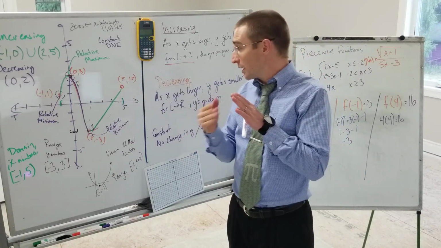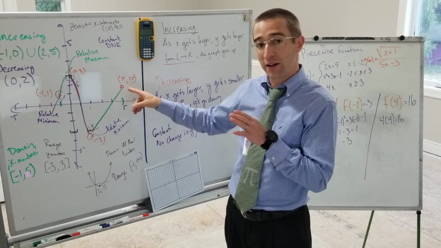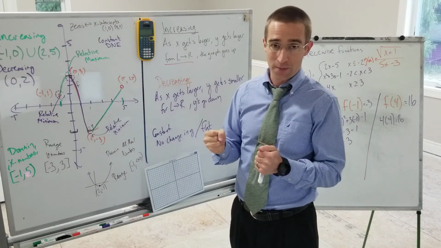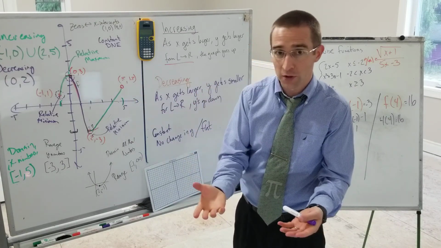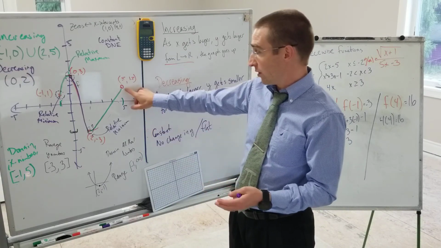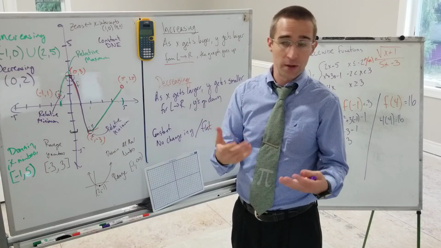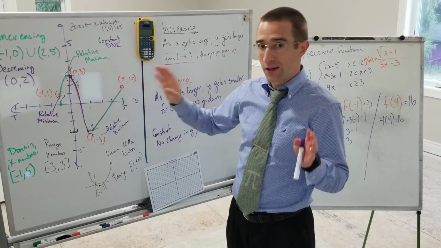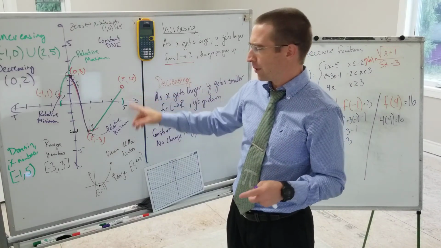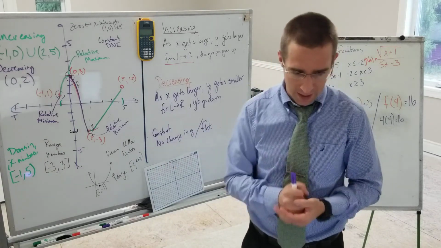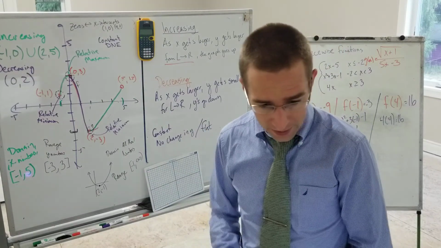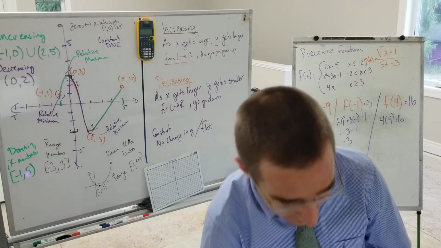We get arbitrarily close to the y value of 1.5 right here, but we never actually get there. If you go further in math, you'll learn that this is called a supremum. The limit as we approach it would be 1.5, but don't worry about that. If it's an open hole, it's not a max or a min. Okay. I believe that's about it for what we need to know.